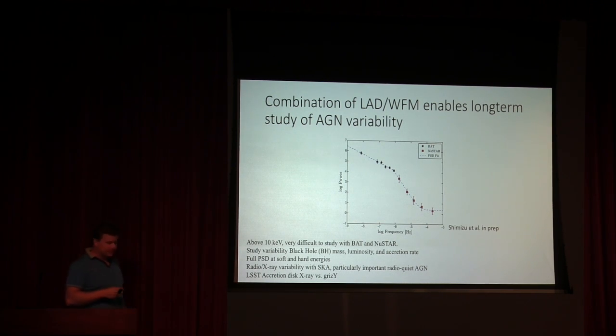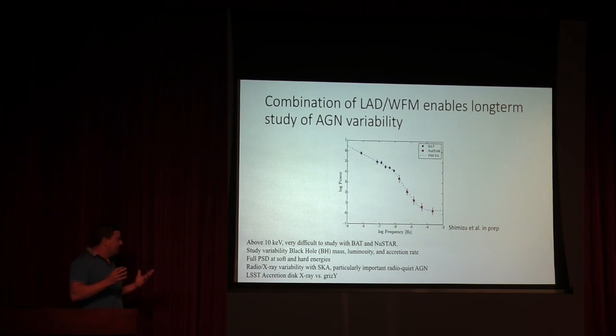And when you have these, as was mentioned by Tom, you can look at where the break is, get an estimated black hole mass from that, and compare it to masers, and really try to get good estimates of black hole masses for nearby AGN.